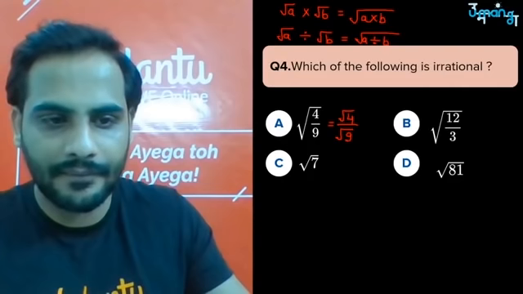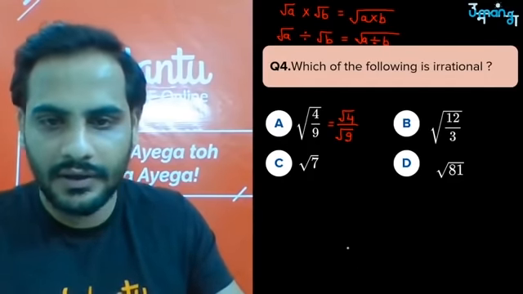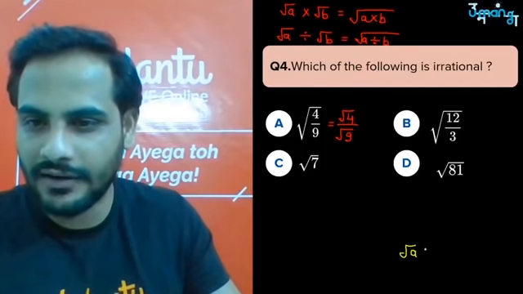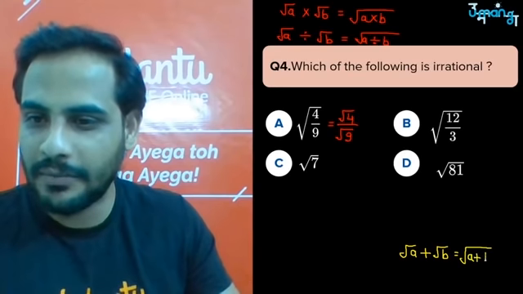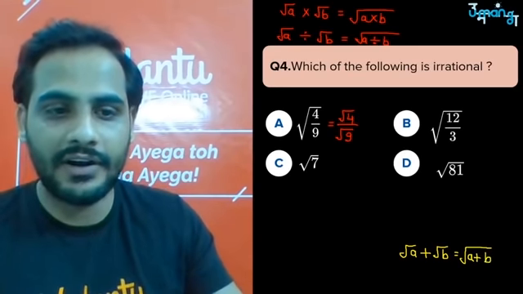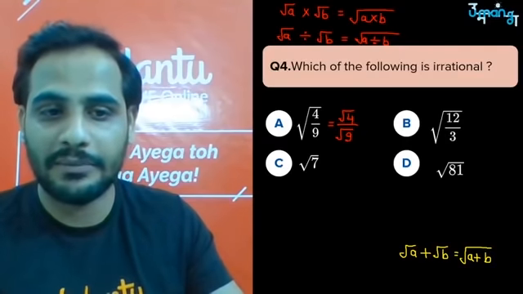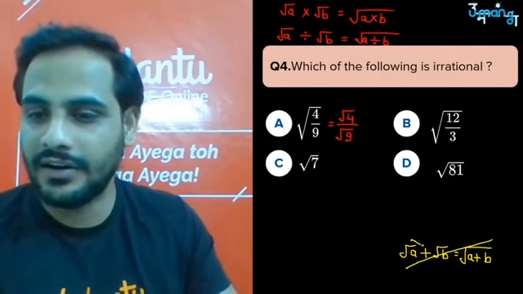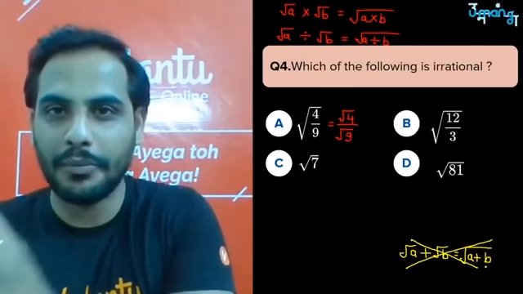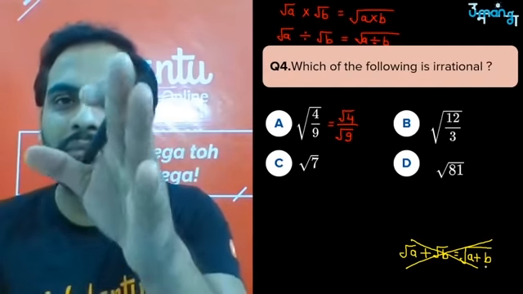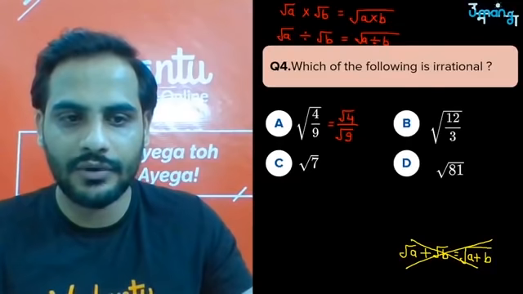If I write square root of a plus square root of b as square root of a plus b, so my dear friends, this is a sin of mathematics. Please don't commit that sin. It is absolutely wrong. So you cannot take the square root common in case of addition or subtraction. Only in multiplication or division you can do that.